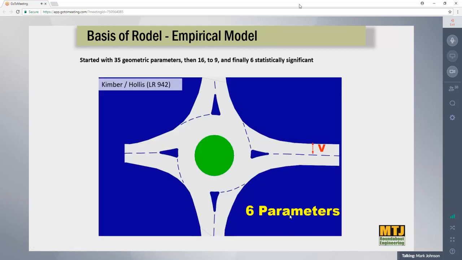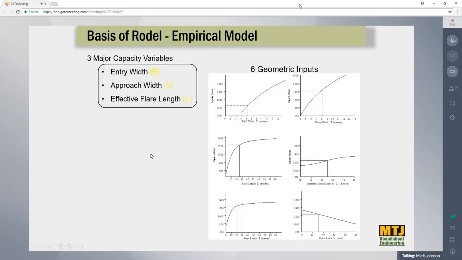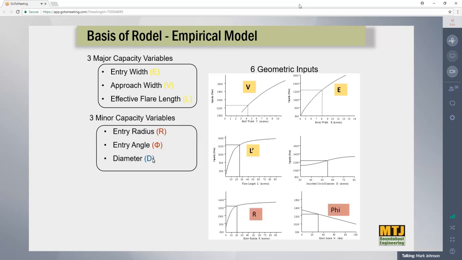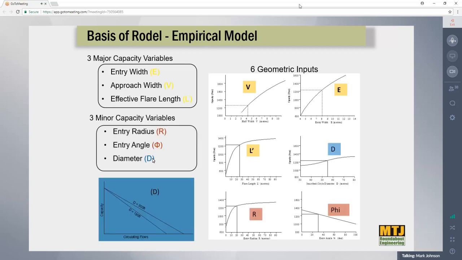They started with 35 geometric parameters, and they did the regression analysis first to 16 and then finally to 9 of the statistically valid parameters. The 3 major capacity variables are entry width, approach width, V, effective flare length, L, and then the minor capacity variables of radius, entry angle or phi, and then diameter.